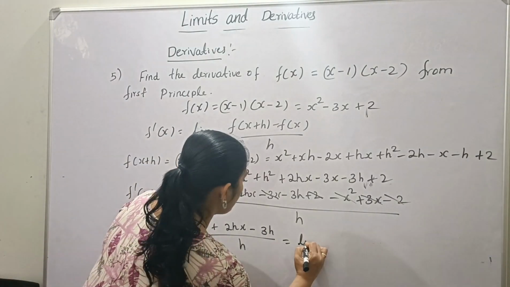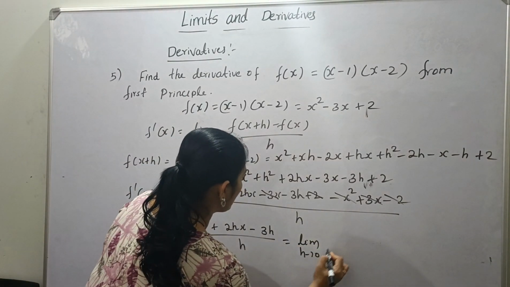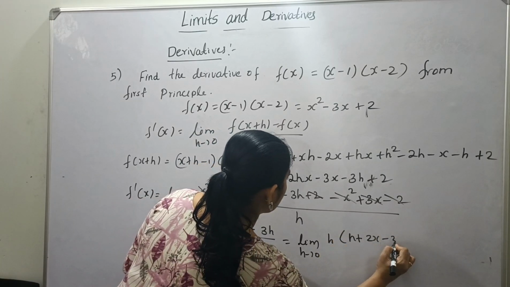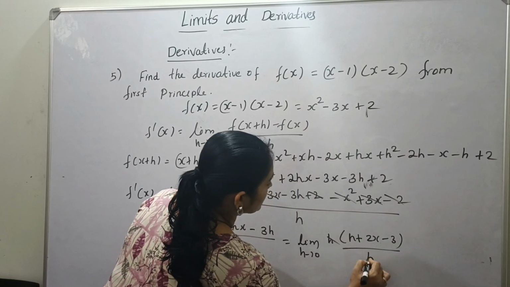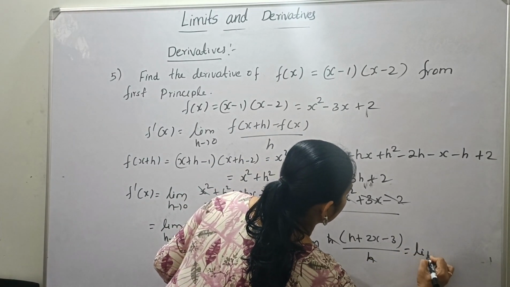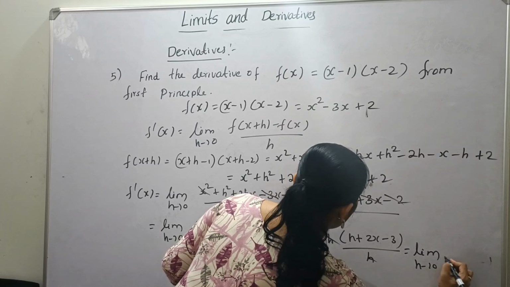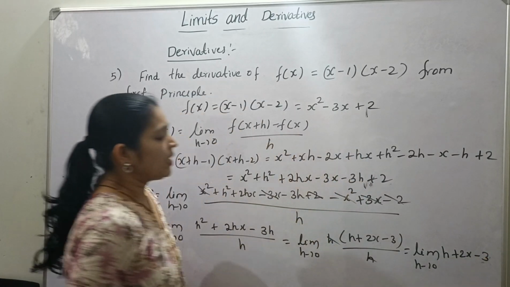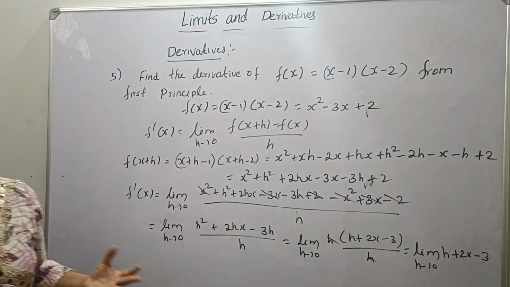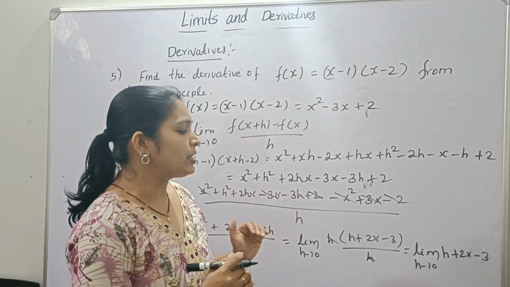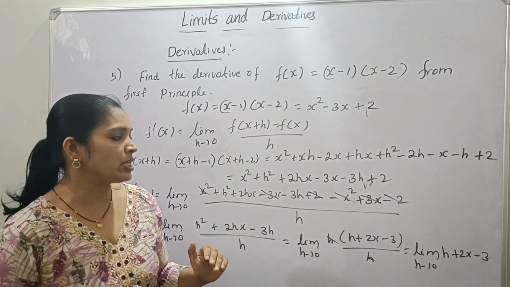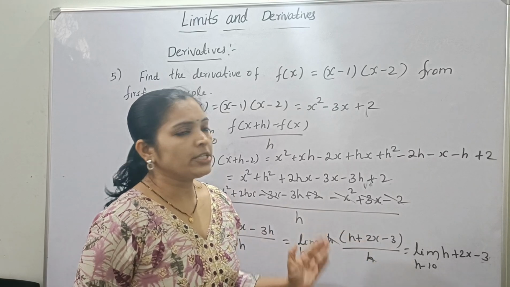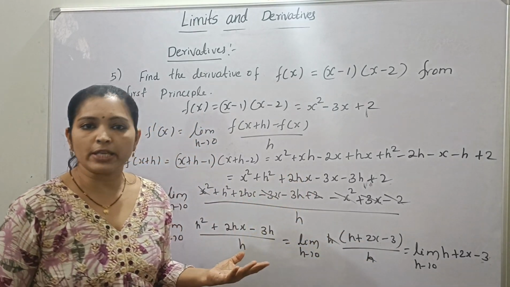So after taking limit h tends to 0, h into h plus 2x minus 3 divided by h, this h cancelled, so limit h tends to 0, h plus 2x minus 3. See here, by the algebra of limits, we can split it, right? That is limit h tends to 0 h plus limit h tends to 0 2x minus limit h tends to 0 3. Limit h tends to 0 h, that is nothing but 0 itself.